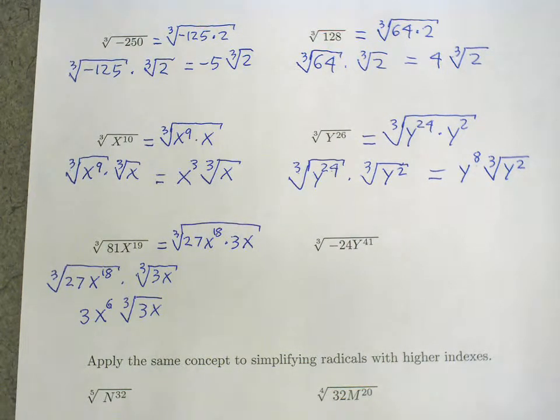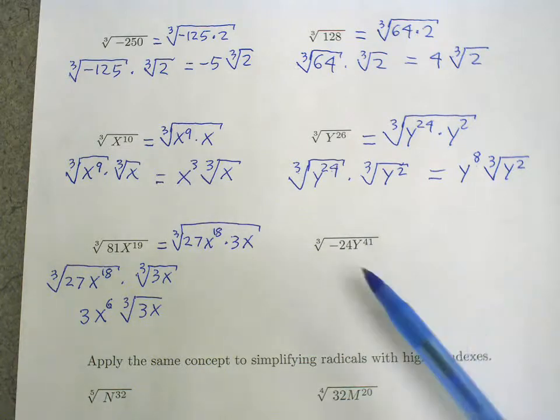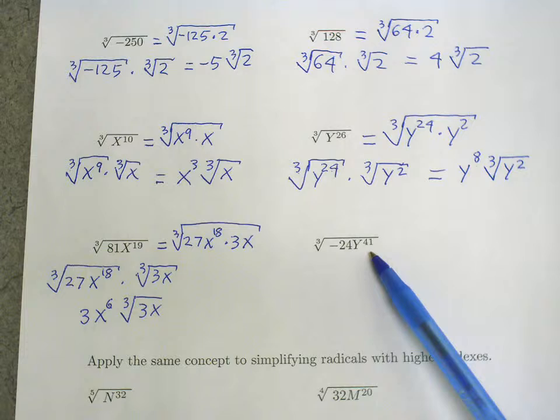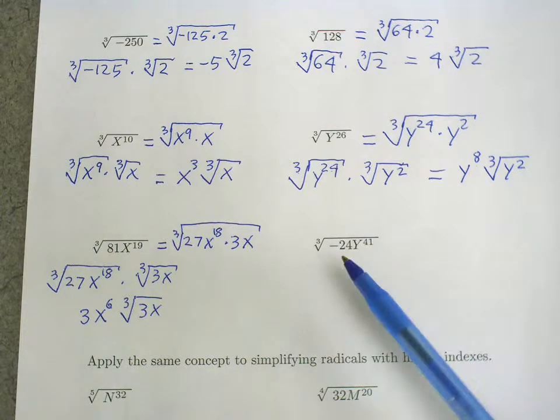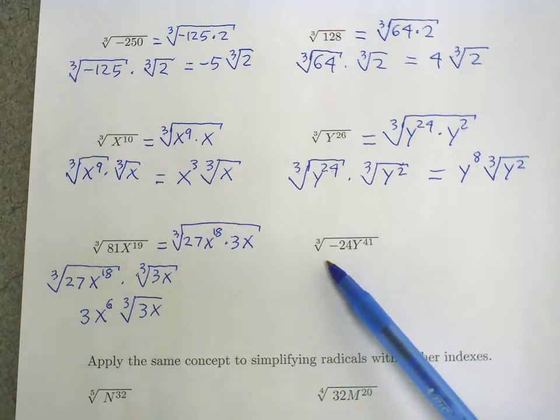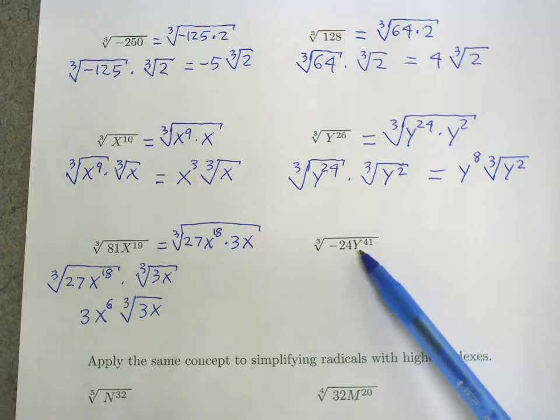Okay, in the next example, the cubed root of negative 24y to the 41st. Remember that negative 8 times 3 is negative 24, and negative 8 is a perfect cube because the number negative 2 to the third power is negative 8.